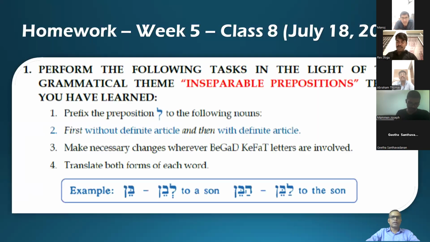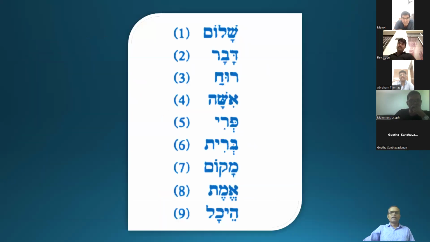Okay, so this one I asked you to do like this. First the inseparable preposition, and then the definite article, and then the definite article with the inseparable preposition. Shalom. With preposition, Manoj. With preposition, Lamed with Shiva.